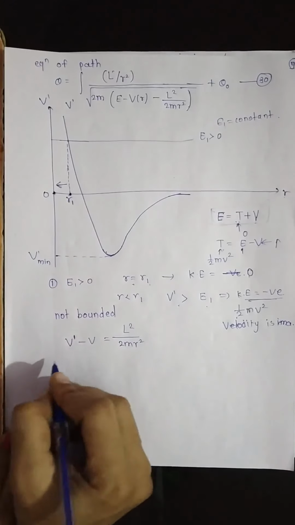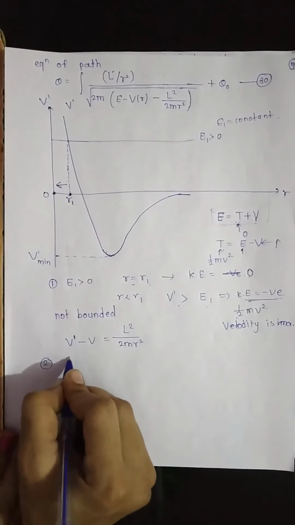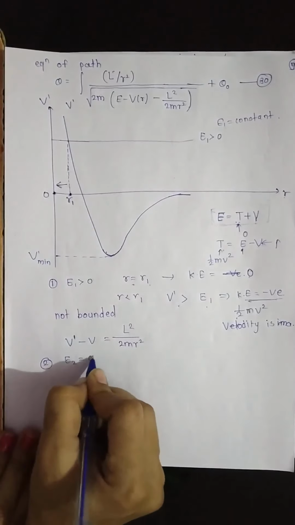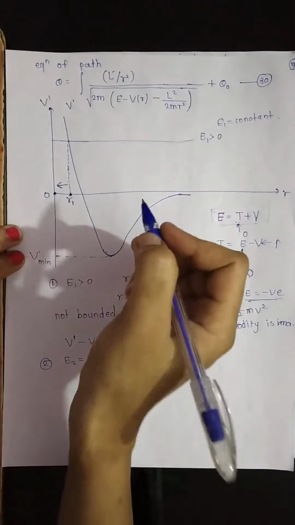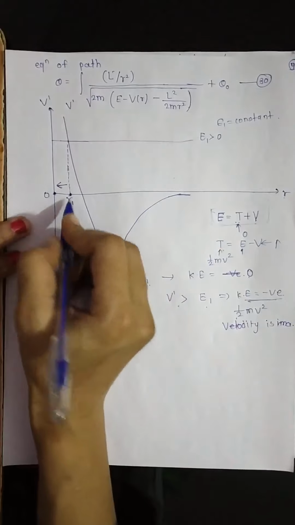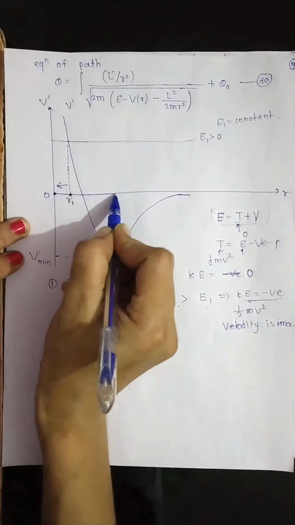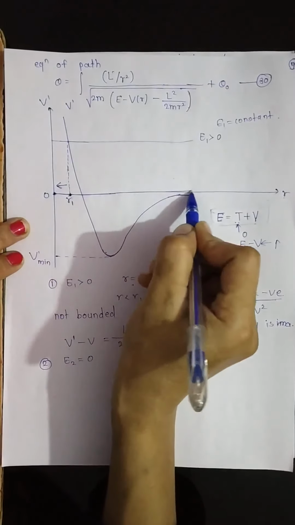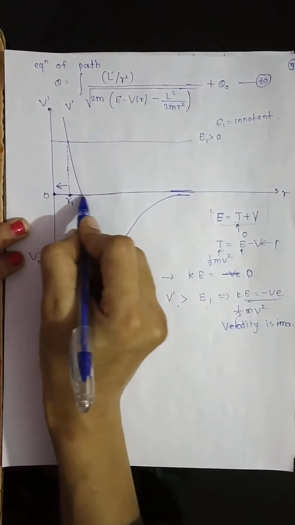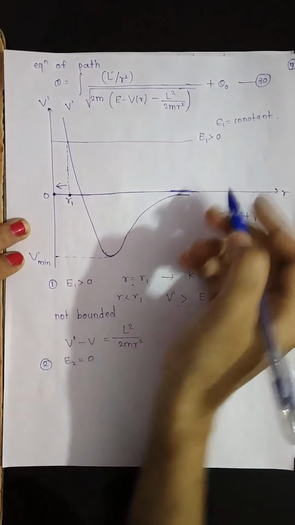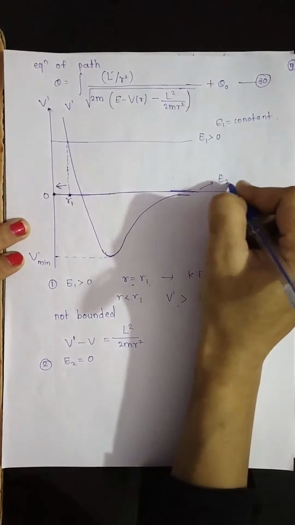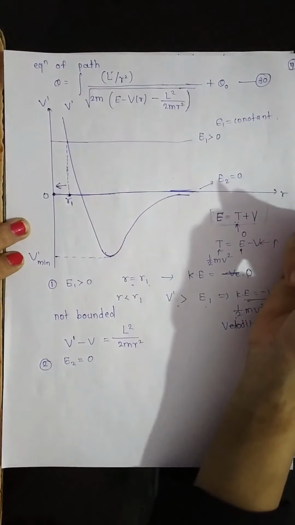Now let's discuss the second case in which energy is equal to 0. If energy is equal to 0, this will be on the x-axis, that is the r-axis. So this is our case when energy will be 0. Here our E2 is equal to 0.